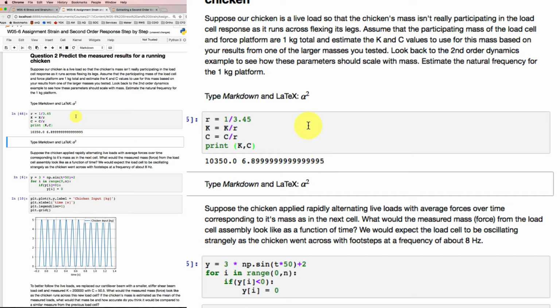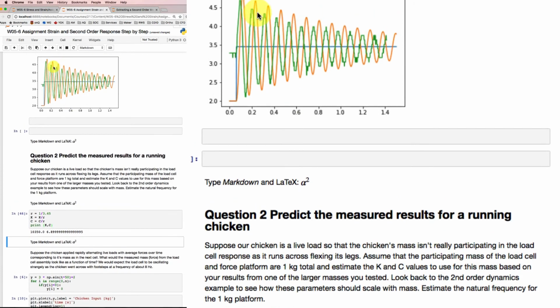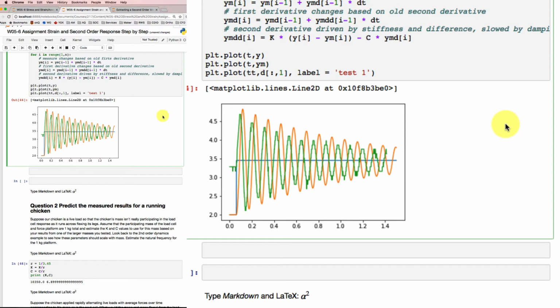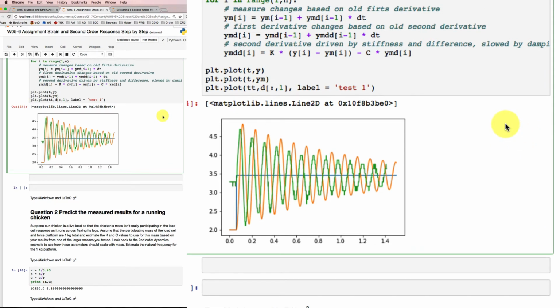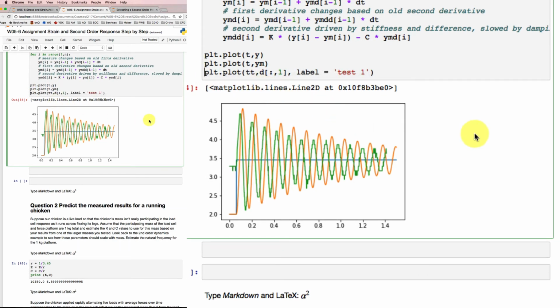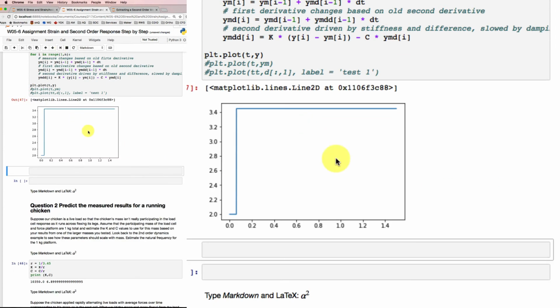Now, suppose I wanted to use a different forcing function here. In this one, this y is what I was using as my forcing function. So let's get rid of our other plots here, particularly this data plot. And so that was the forcing function I was using.